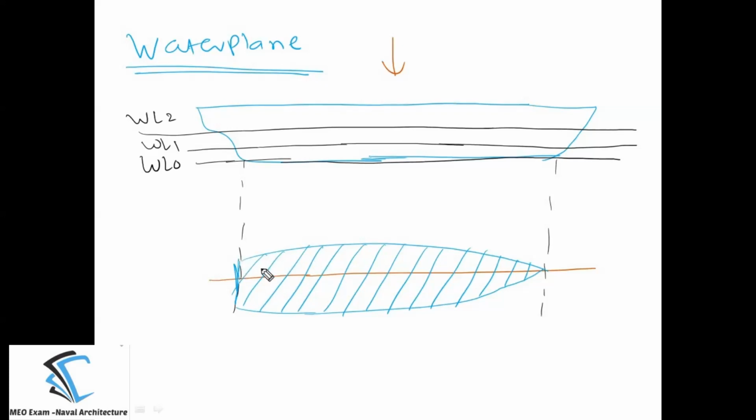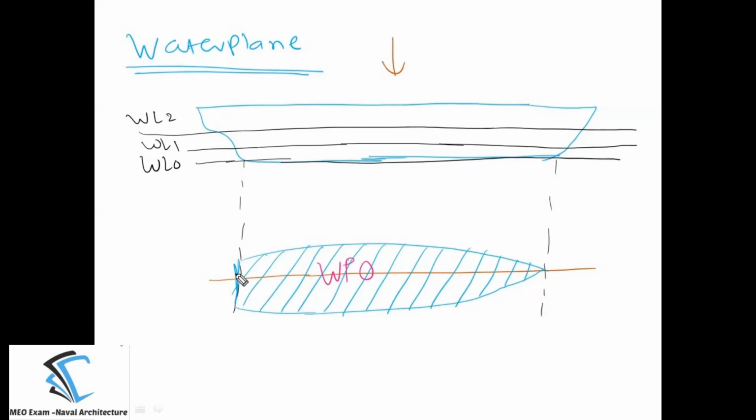How will the ship look? It will look like this. Okay, so this is the plane at water line 0. We will call it water plane 0, and the corresponding area of this water plane we will call the water plane area.